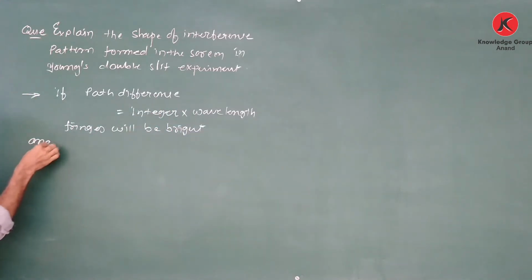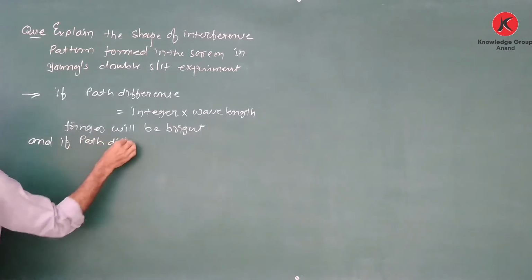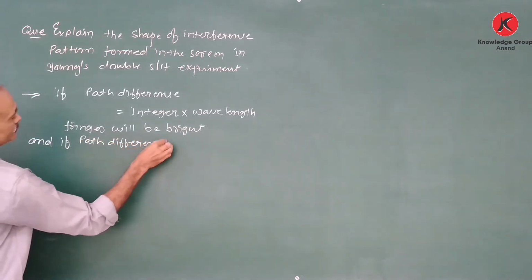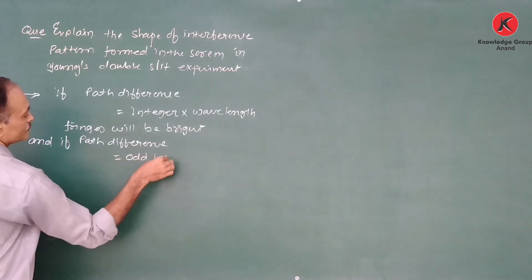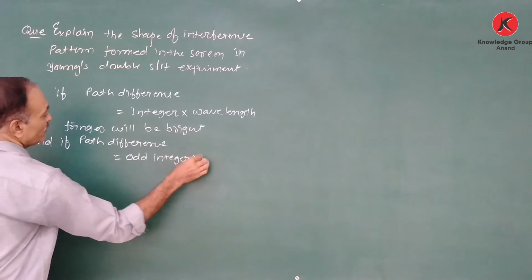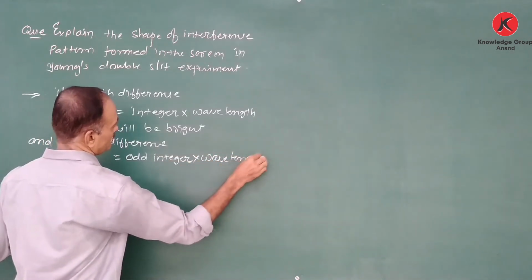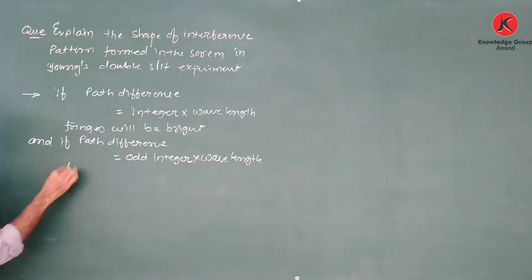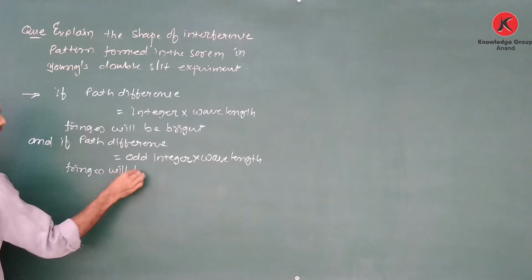And if the path difference is equal to an odd integer into half wavelength, fringes will be dark.